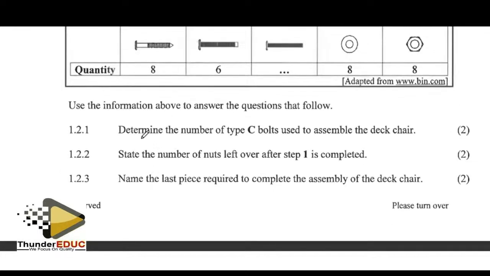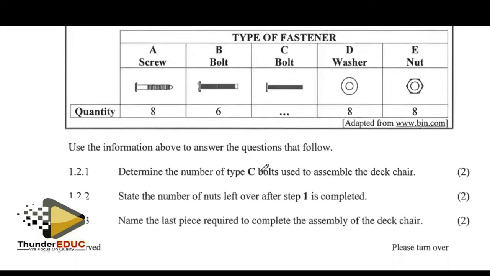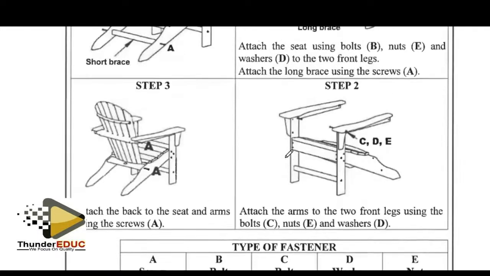The question says determine the number of type C bolts used to assemble the deck chair. We are looking at C, the number of bolts. How are we going to determine them?